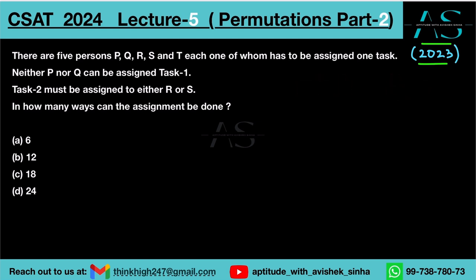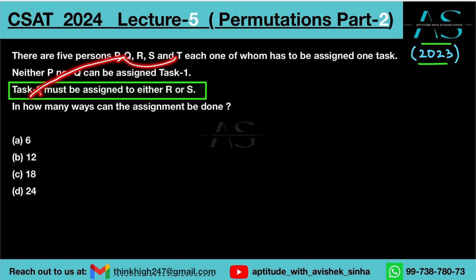There are certain conditions given here. It is always advisable that we start with the condition wherein it guarantees me certain things. It is guaranteed that task 2 must be assigned to either R or S. You cannot assign task 2 to either P or Q or T. That is for 100% surety. So here we make different cases.